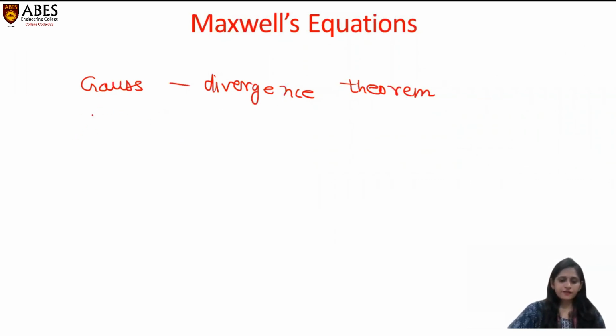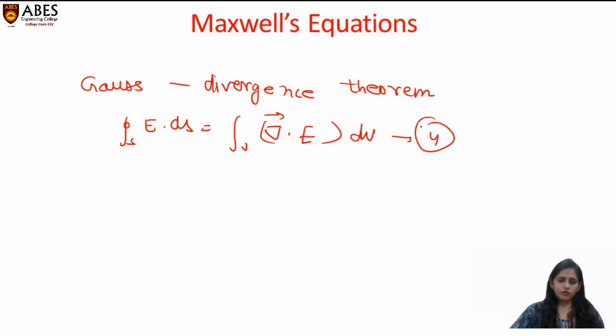According to the Gauss divergence theorem, we can convert a surface integral into a volume integral. So we can convert this surface integral E dot ds to the volume integral del dot E dV. Okay, this is equation number 4.